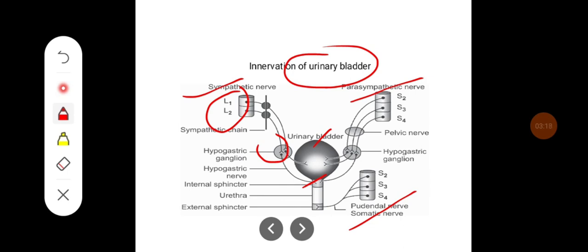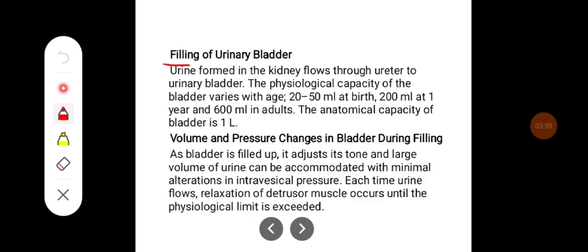Parasympathetic, which helps in micturition, arises from S2, S3, S4, forms the pelvic nerve, then is relayed in the hypogastric ganglion, and innervates the detrusor muscle and internal sphincter, causing contraction of the detrusor muscle and relaxation of the internal sphincter. The pudendal nerve, which is formed from the sacral S2, S3, S4 segments, innervates the external sphincter and leads to voluntary contraction or relaxation of the external sphincter.